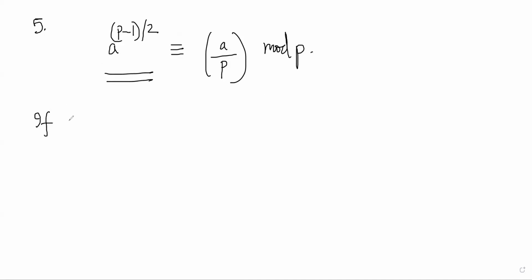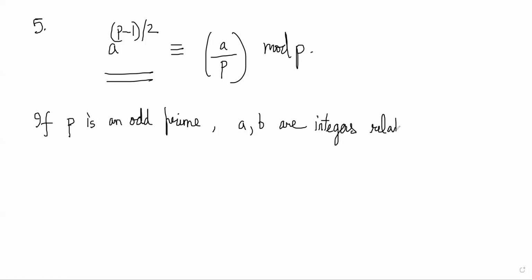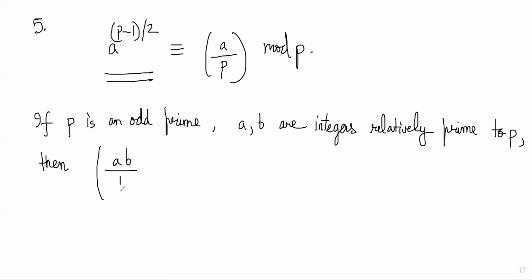If P is an odd prime and A and B are integers relatively prime to P, then we can say that the Legendre symbol AB over P will be same as A over P times B over P.